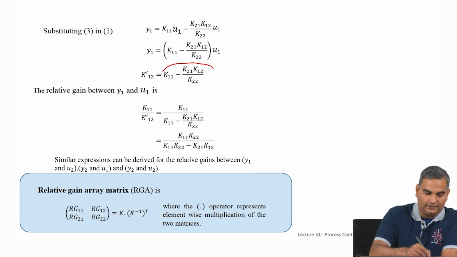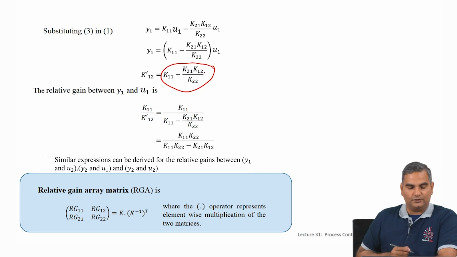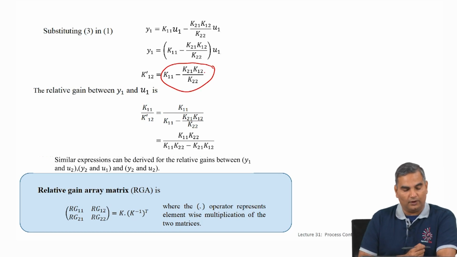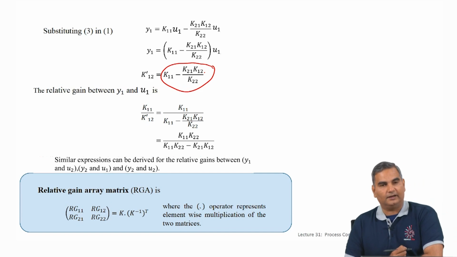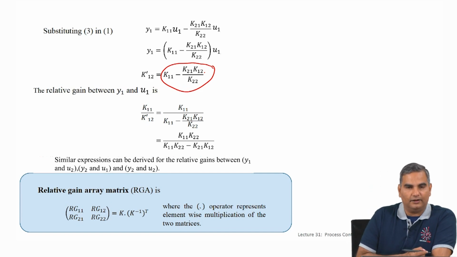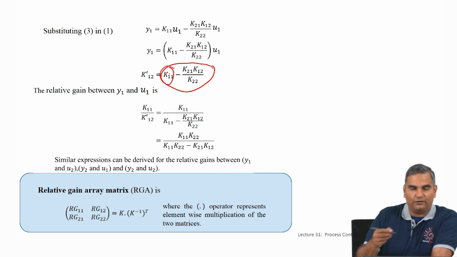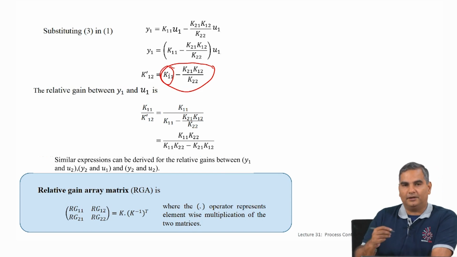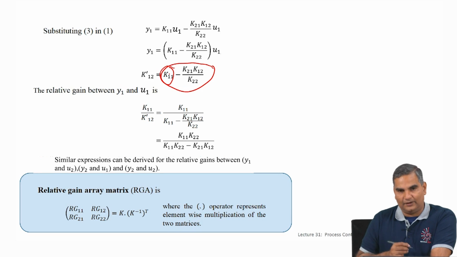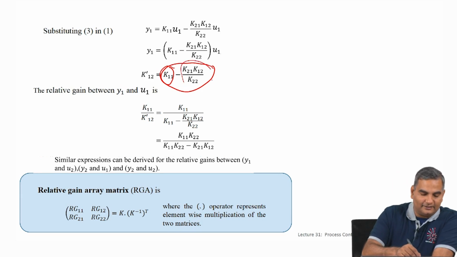Now, you see this here. This gives you k prime 11, which is basically the gain when the other loop is closed and perfect. And just like dynamic decoupling, you will notice that initially it would have just been k11 if you are just looking at u1, but because we want to bring in the effect of the other loop through perfect control of the other loop, there is another additional term that comes out.